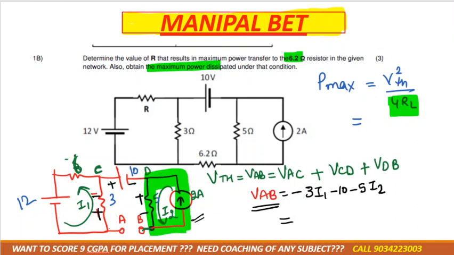Yes or no? Yes, I2 is 2 ampere, right? Now I1 is how much? Can you tell me? Similarly, can we apply KVL in this mesh?